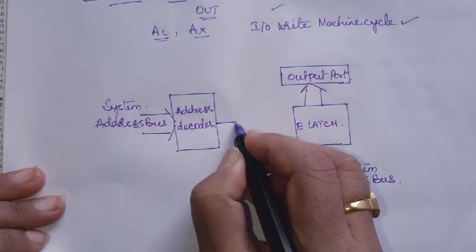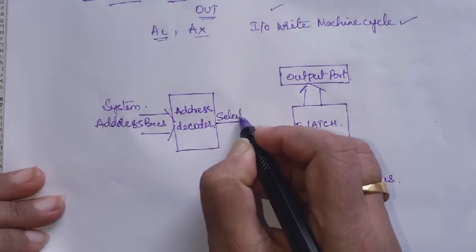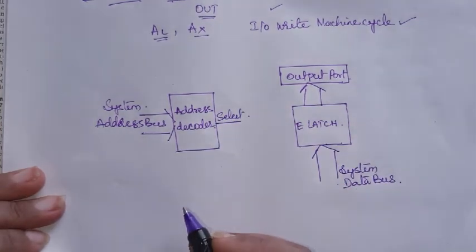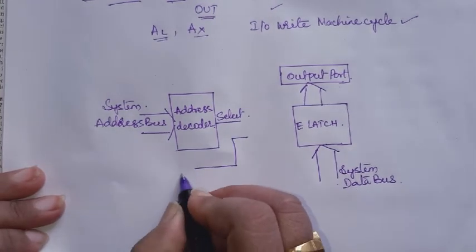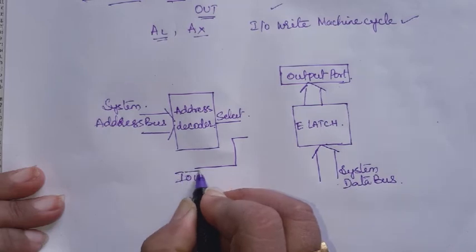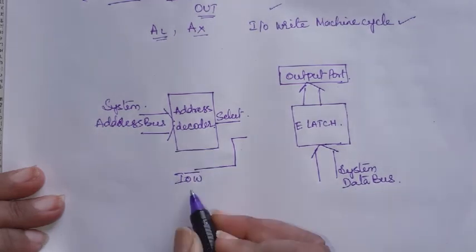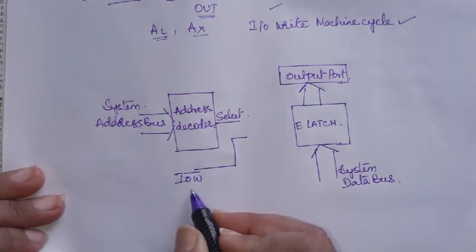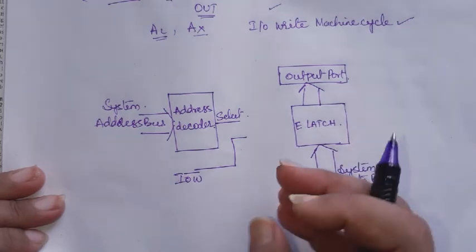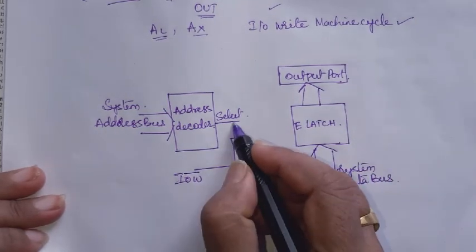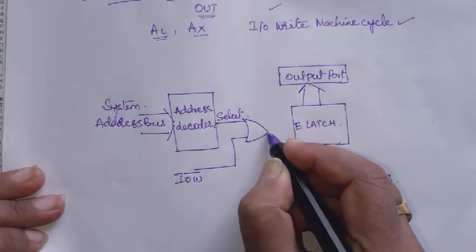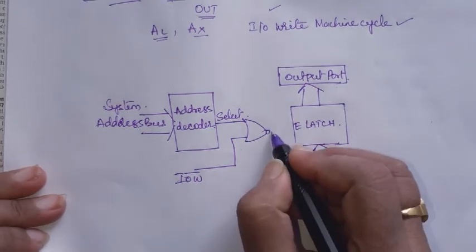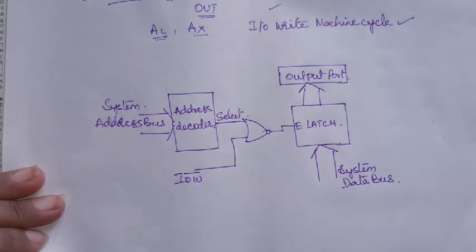Then the output, select output of this address decoder, and control signal IO write bar. This control signal must be low to write something to output port. So these two are decoded again using a NOR gate, and this is used to enable this latch chip.